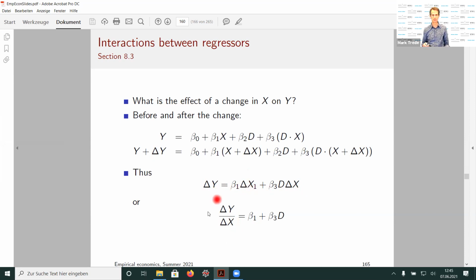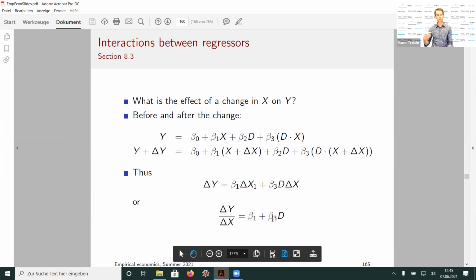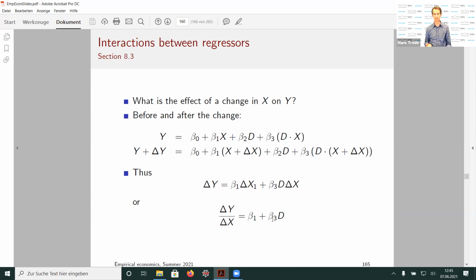Then what we get is the marginal effect of x on y, and that is beta 1 plus beta 3 times d. So the marginal effect depends on the value of the dummy variable. It's not constant, and therefore it's, in a way, a linear, non-linear interaction term.